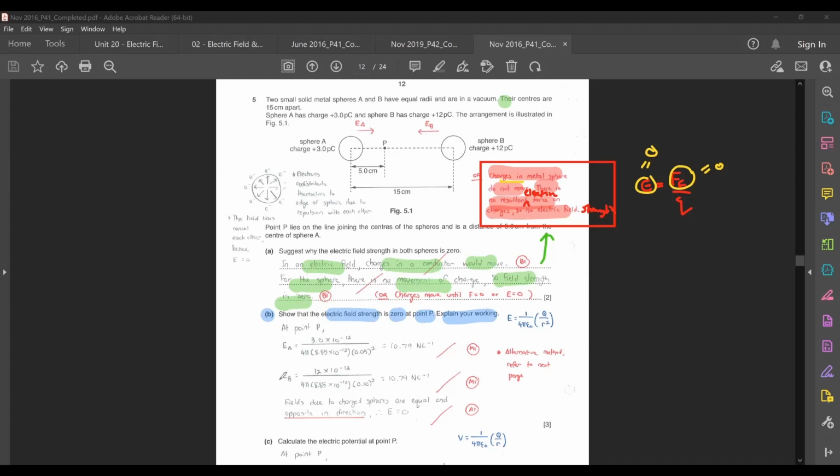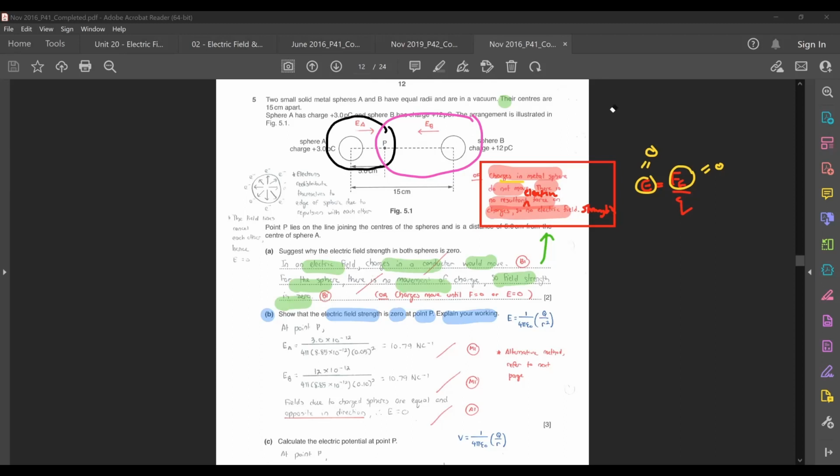The way that the marking scheme answers this question is like this. You need to consider the resultant electric field strength at point P due to sphere A and sphere B individually. But how they did it was that they only consider the magnitude now.